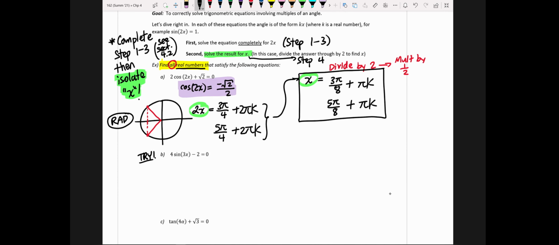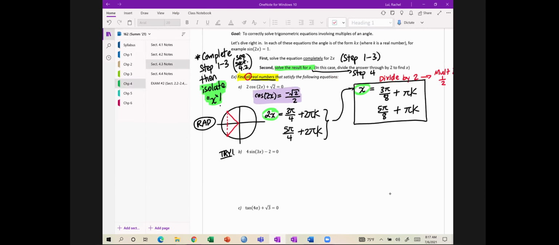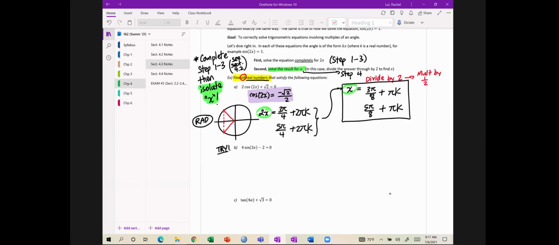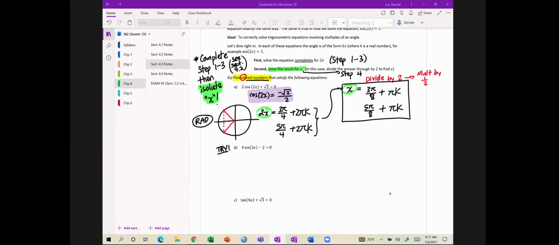When you're finished, please send me the answers in my DMs. W means you're working and on task. Appreciate the participation in the chat bar. Very good. I see that we're on task. You'll send your answers to me directly once you have all solutions for the equation in part B.